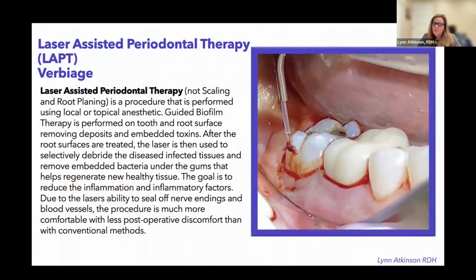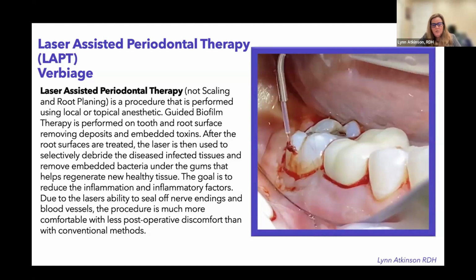Also, laser-assisted periodontal therapy, it's not scaling and root planing. It's a procedure that's performed using local or topical anesthetic. And guided biofilm therapy is performed on the tooth and the root surface, removing all the deposits and embedded toxins. It's treating the root surface, but then the laser treats the gum tissue. So it selectively debrides that disease-infected tissue and removes any embedded bacteria underneath the gums and helps regenerate new healthy tissue.